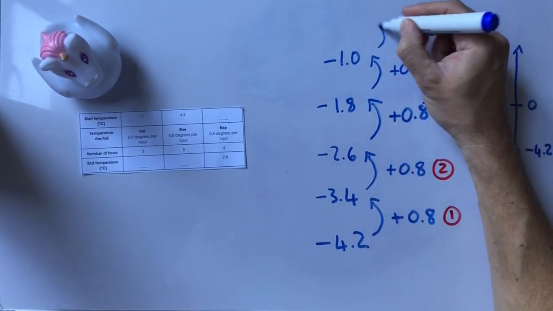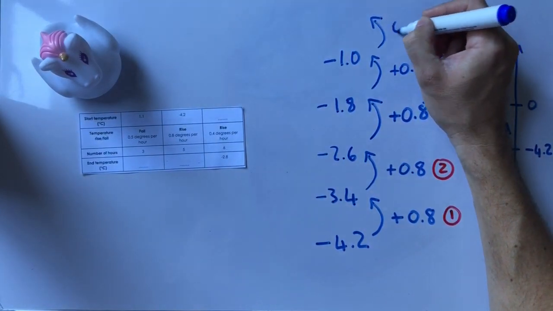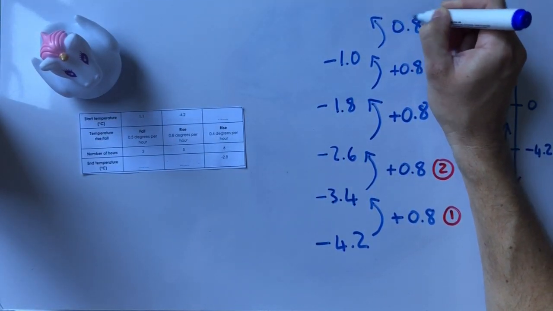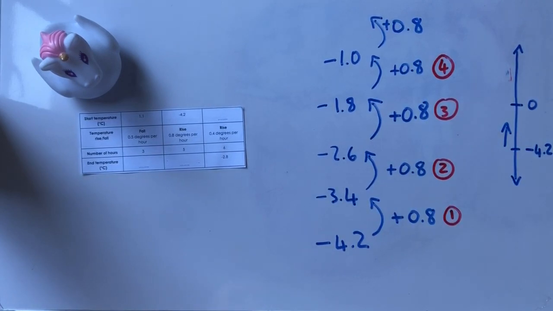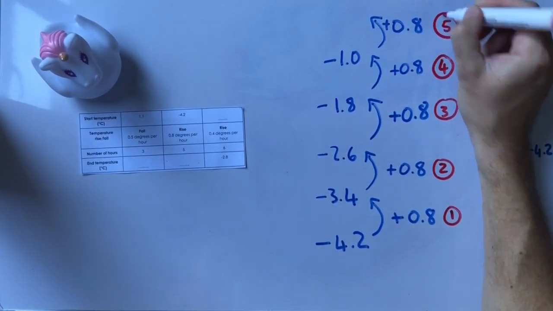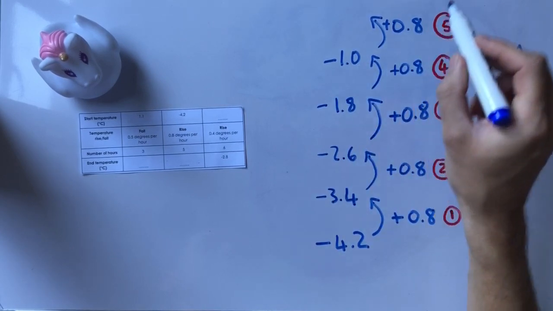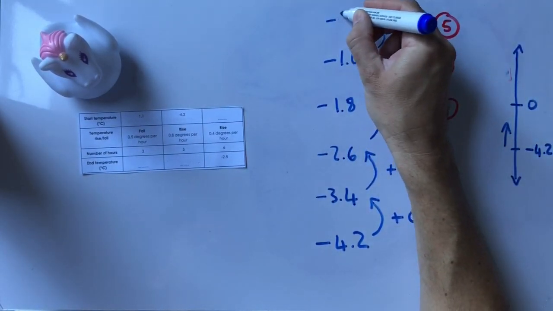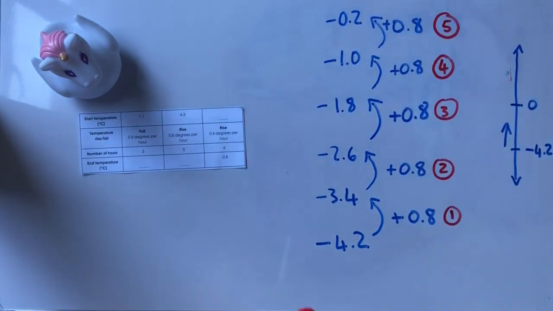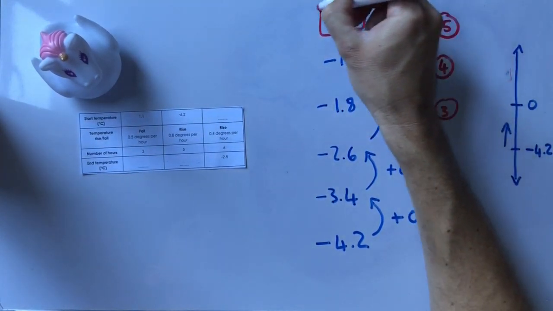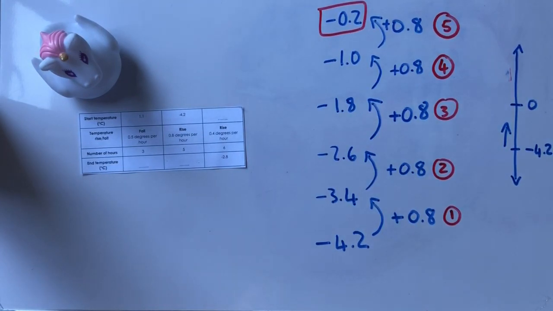And then for the last one, we're adding 0.8 again, and that would be the fifth step. So if I have 10 and I take away 8, I'd have 2, so negative 0.2. So our final answer would be negative 0.2. So let's just check.